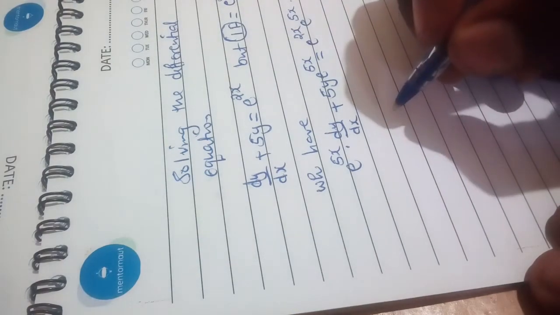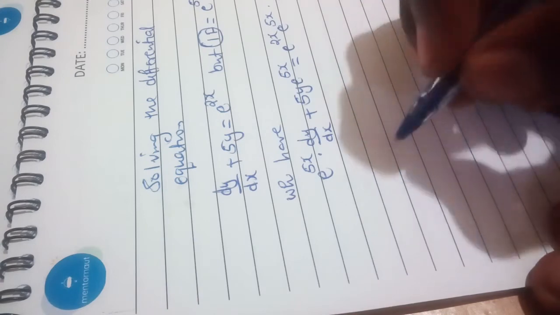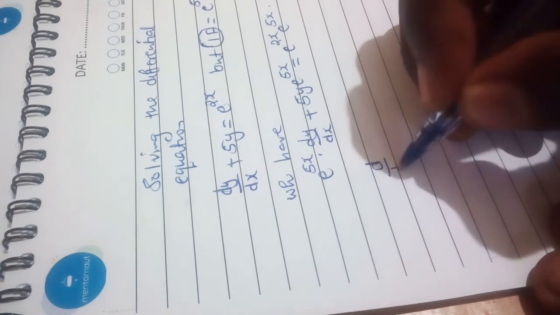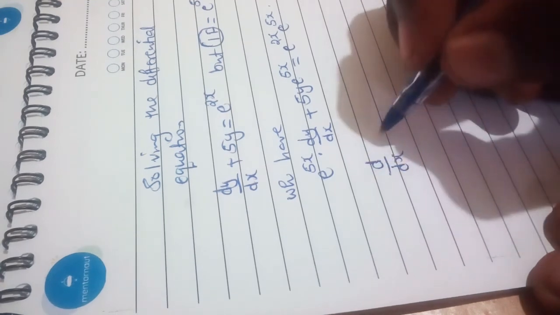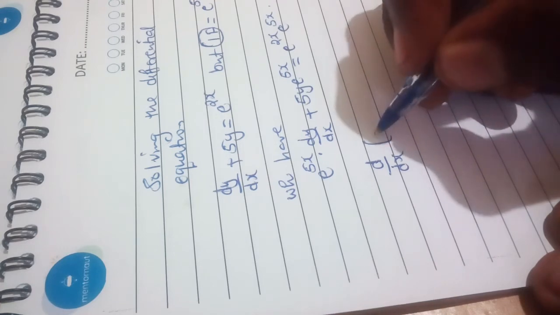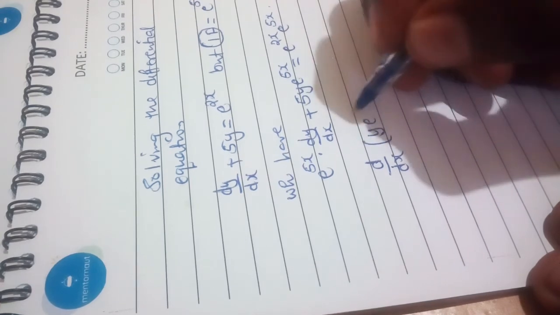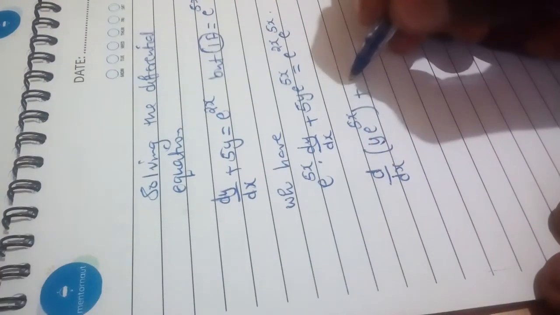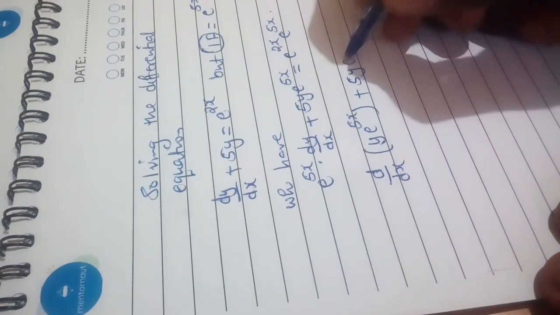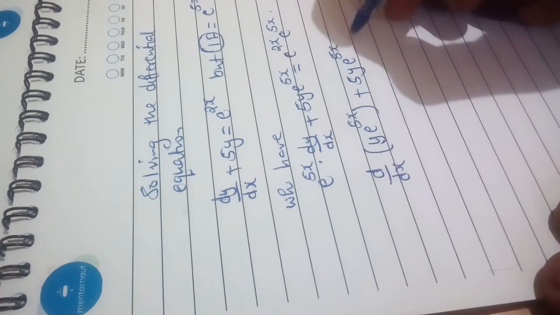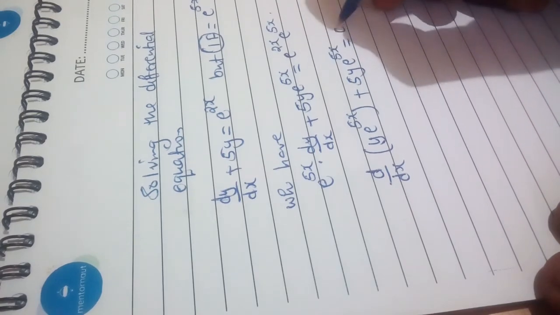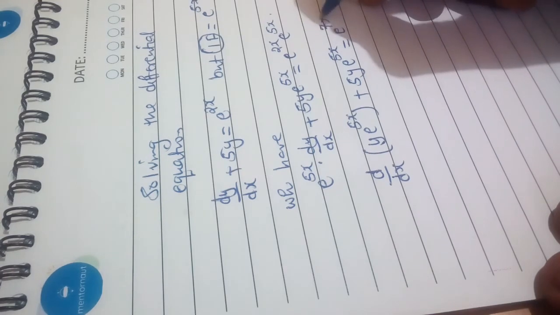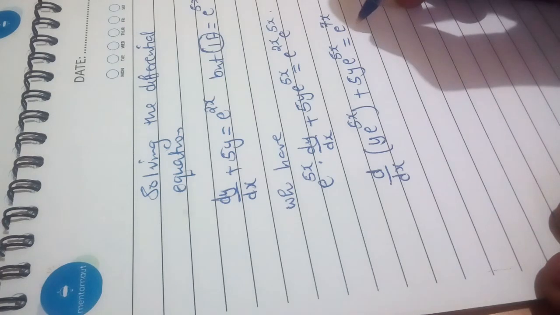Now from this point we can evaluate and get d over dx of y e raised to 5x plus 5y e raised to power 5x is equal to e raised to power 7x, using the law of indices.